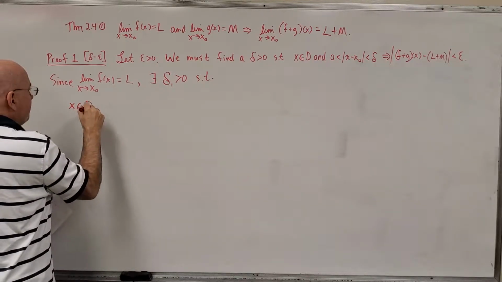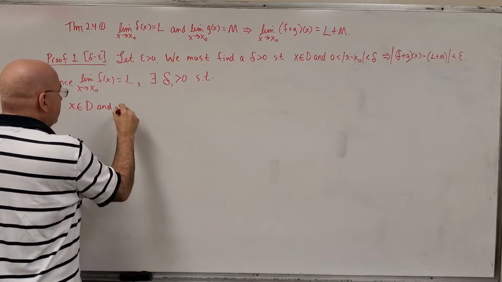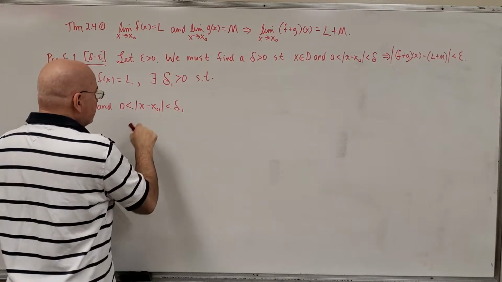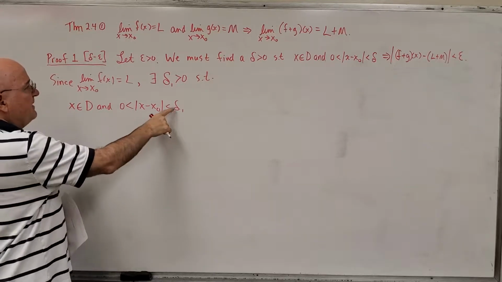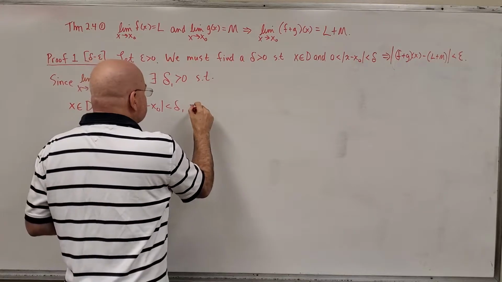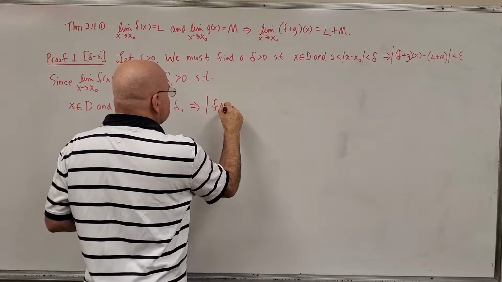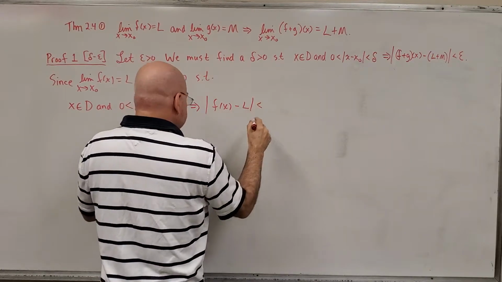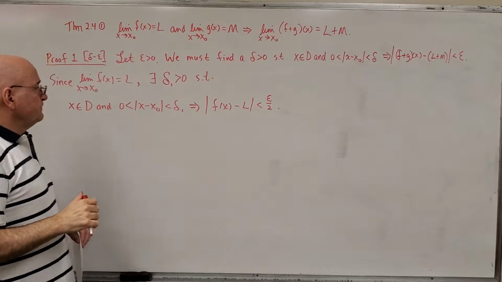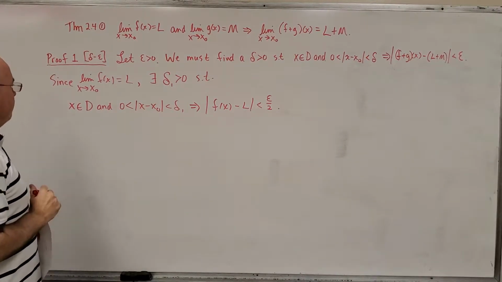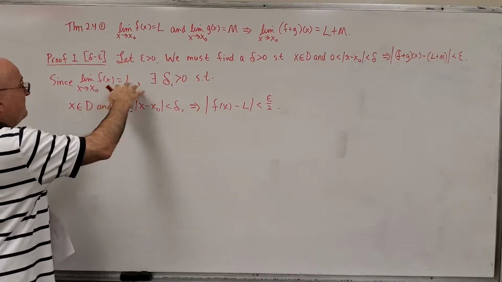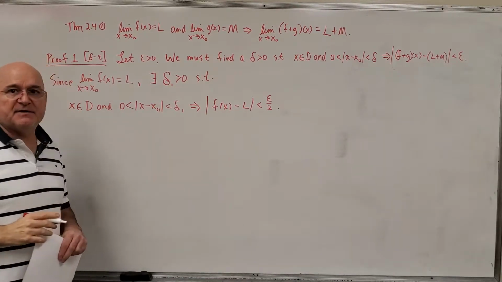If x is in the domain, capital D, and x is very close to x naught, and specifically within delta 1 of x naught, that implies that f of x minus L is less than, I'm going to use epsilon over 2. We've seen this kind of a proof before. I'm able to say that because if this is true, then this is just the definition of what it means for that limit to exist.